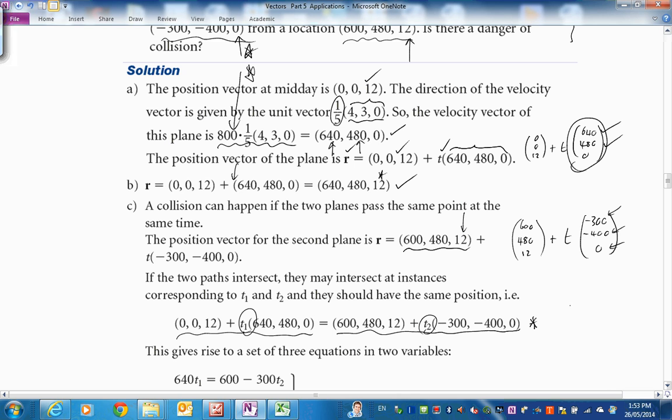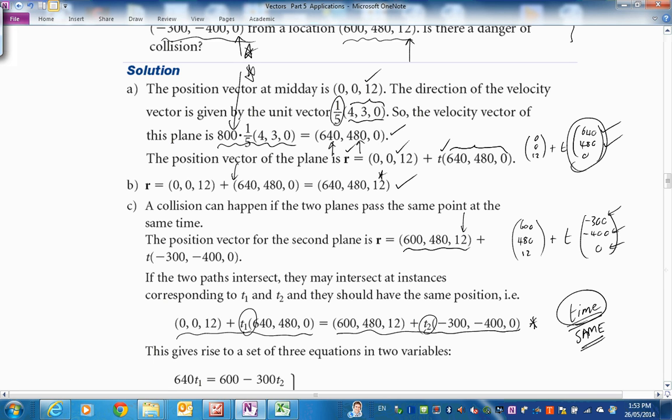Why? Because the parameter is common. It's time. Because the way in which the flight paths are going to extend is the velocity vector times time, and the planes will experience the same time frame. So these remain the same value parameter in this application.